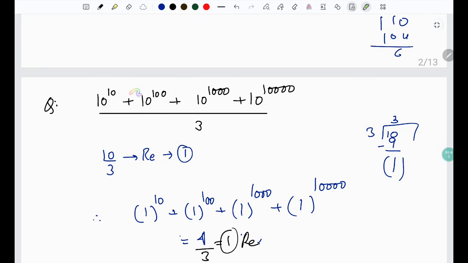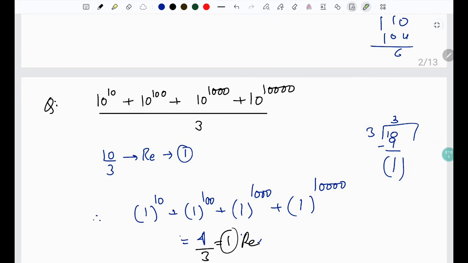For example, if it had been multiplication, we would have done the multiplication of the remainders of the individual numbers as well. So you can see for the first, the divisor is 3. First we'll try to divide 10 by 3. The remainder comes out to be 1. Therefore we'll simply use this remainder in place of the original number and keep the original powers or exponents the number had.